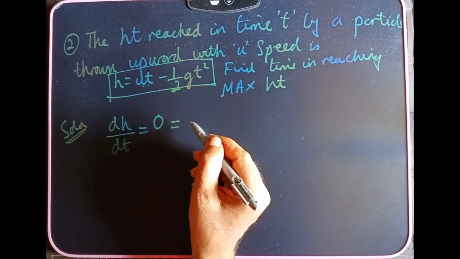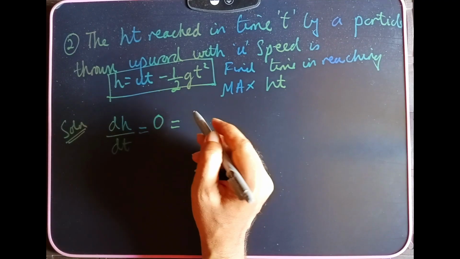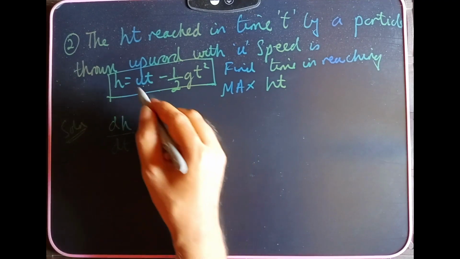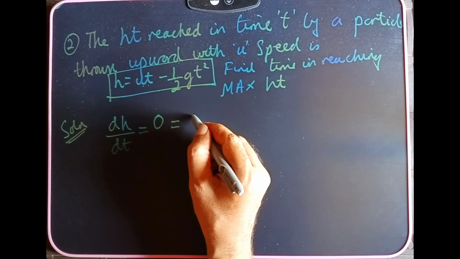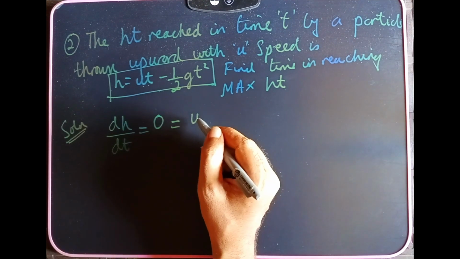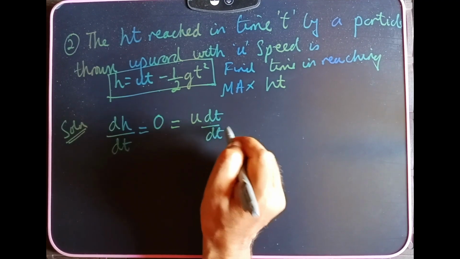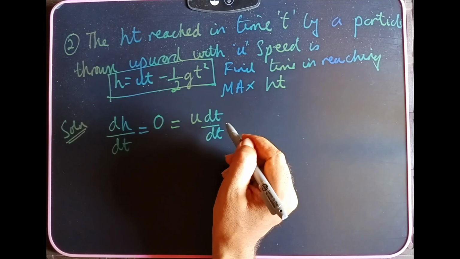Let us find both the values. The derivative of this function will be, first you will take u out, right? It will be u times dt by dt.